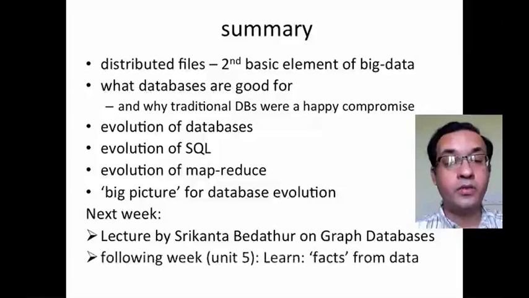We'll get started with unit 5, which is going to be on the subject learn, where we'll get started with unearthing facts from data using more complex classification, clustering, rule mining, all the things we just mentioned earlier in this summary.